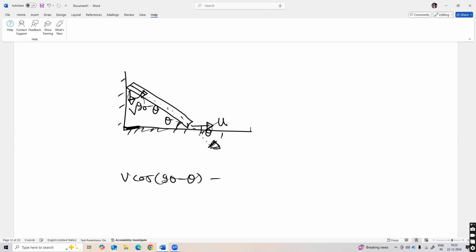and it should be equal to the velocity component of u along the length of the rod, that is u cos theta. We know that cos(90 minus theta) is cos(a minus b), which is cos a cos b plus sin a sin b.